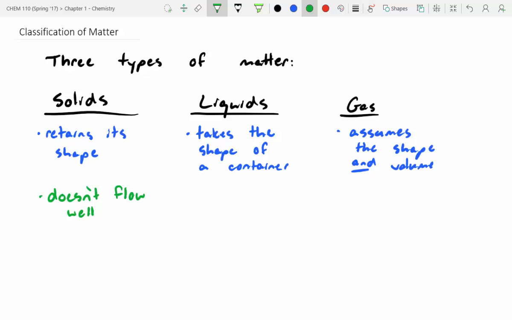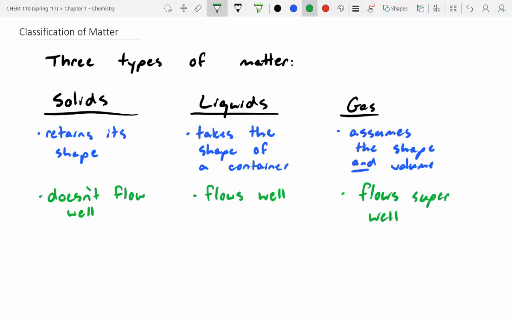Liquids, on the other hand, flow super well. And then last but not least, a gas flows super well. In fact, if I were to spray perfume up here, chances are those of you in the back would smell it within a minute or so, right? Gases like to occupy all of the room that they're in, and they'll disperse throughout the entire room.